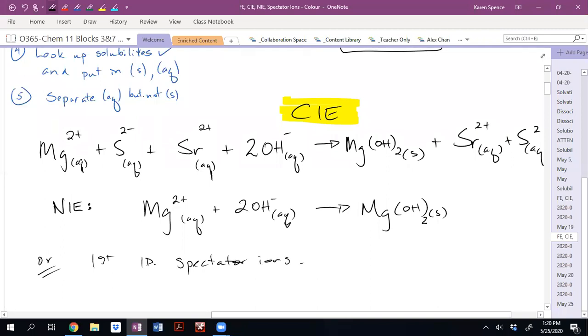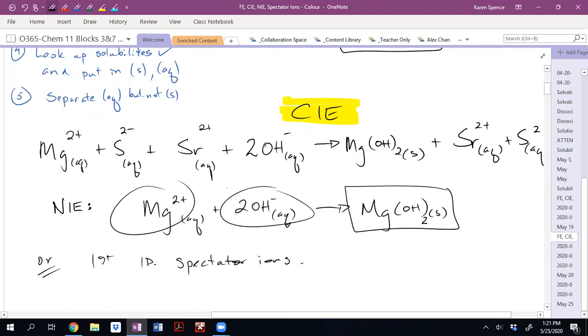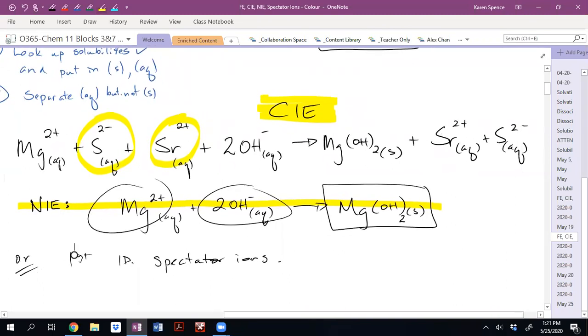Oh, and by the way, if you do it this way, where you just say, okay, I'm going to do the net ionic equation, I'm going to put the solid on the right, and I'm going to put the ions that make it on the left, you can identify your spectator ions because they are the ones that are not in this equation. Okay, so that would make your spectator ions the strontium, the sulfide.